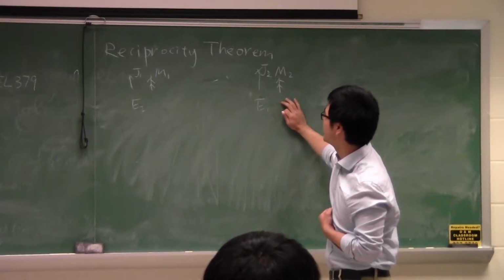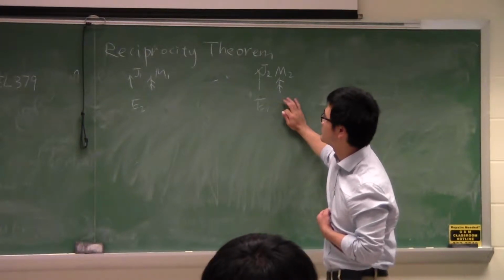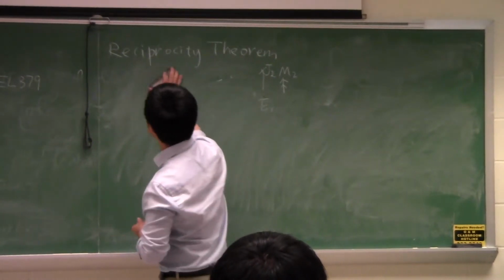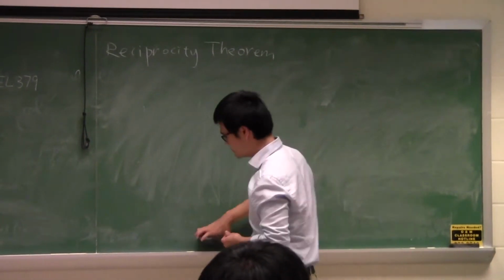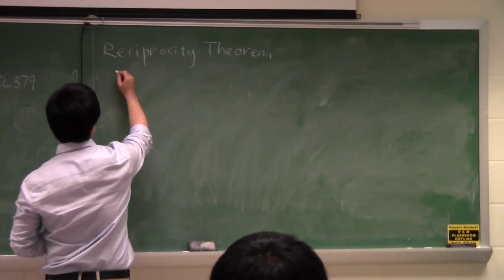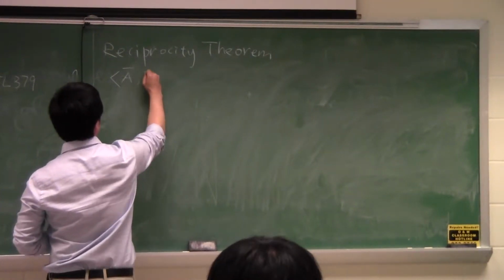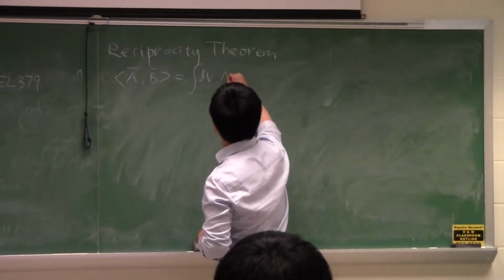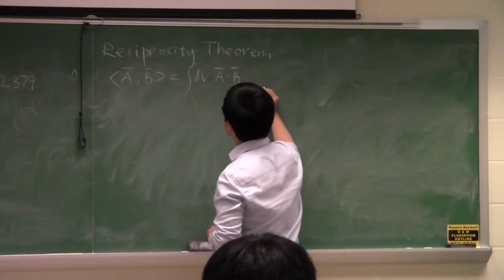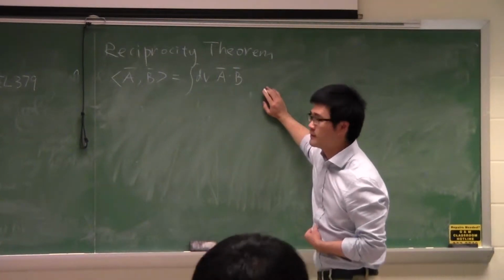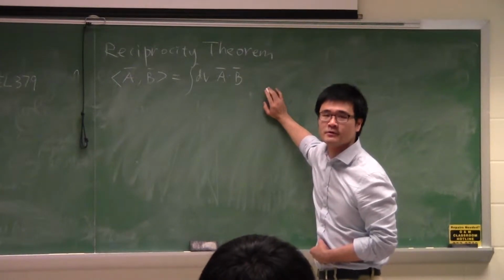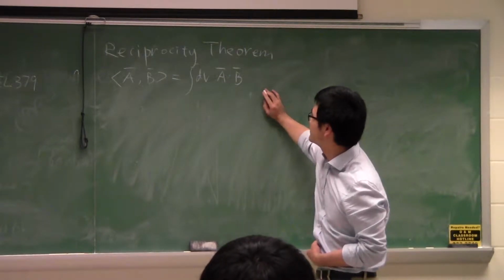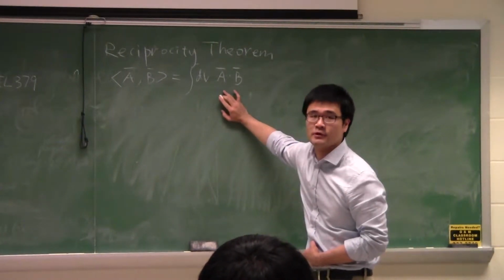Before we start deriving the theorem, we first define a reaction between the field and the current. We define this reaction of two vectors as an inner product between these two. For those who have taken quantum mechanics or waveguide theory, you may notice that here we are not using a complex conjugate for A, unlike the Dirac notation.